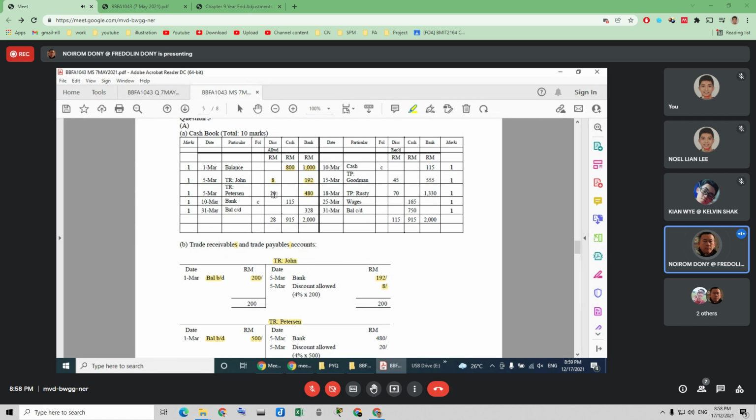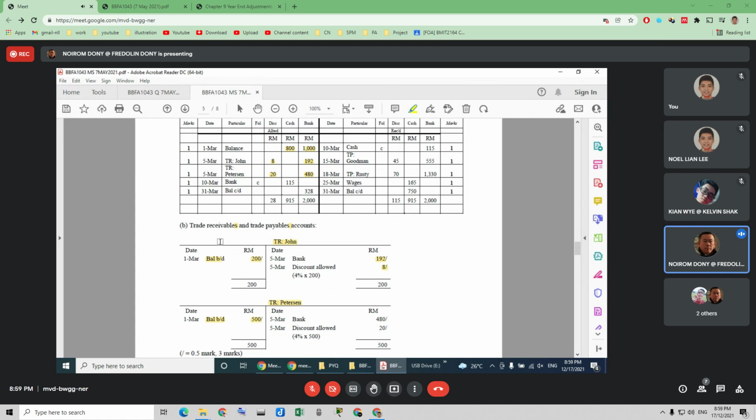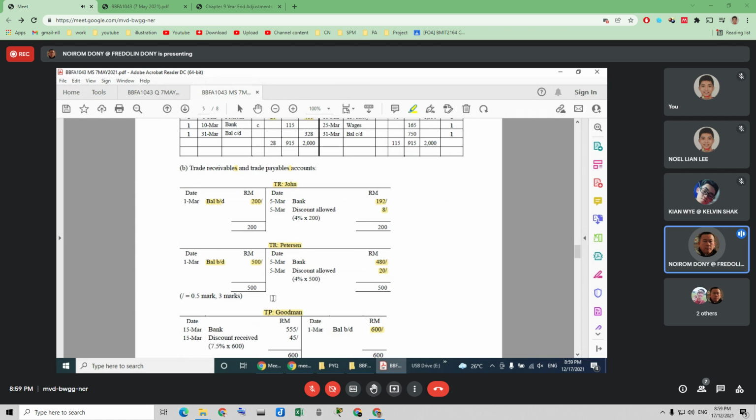And the difference, which is 20 ringgit, is also considered discount allowed. Then record in the trade receivable Peterson as a single entry, because you're talking about the sales ledger here, sales ledger and purchases ledger. So we credit 480 in trade receivable Peterson and credit 20 as discount allowed. So the account is settled, debit 500, credit 500.